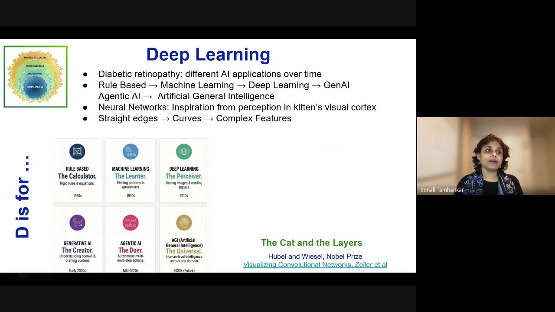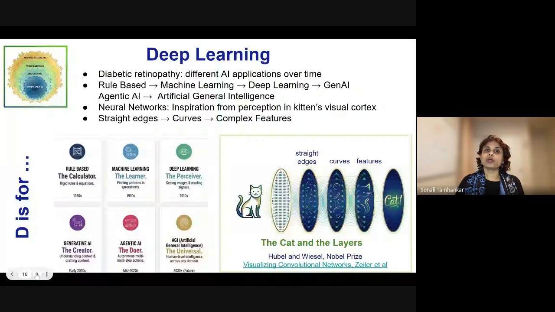So, in deep learning, called convolutional neural networks, we have first layers that will detect straight edges, and then the next layers detect curves, and then the deeper layers will detect more complex features like eyes or whiskers. And then the final layer will shout cat.